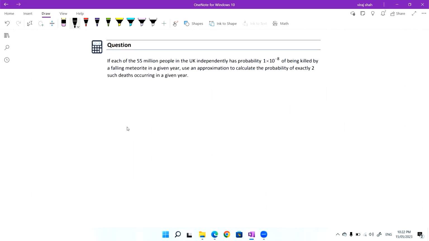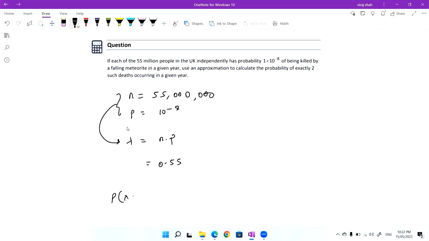So n is quite large, probability is quite small. Can I convert this into a binomial? Yes. So your n is 55 million, p is 10 raised to minus 8. So I can convert this into lambda, which is nothing but n into p. If I just use my calculator, it would be 0.55. Now you have been asked to calculate the probability that exactly 2 deaths occur.